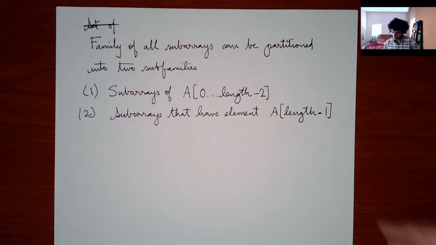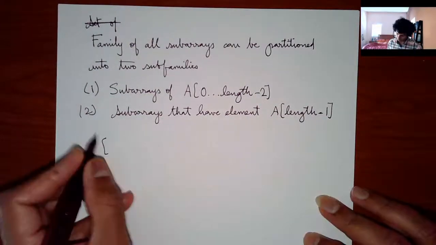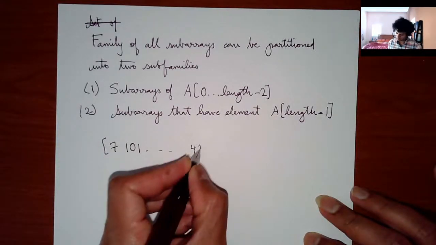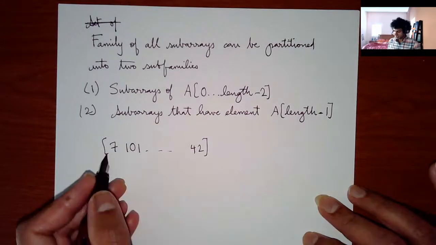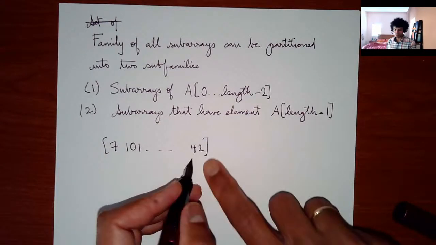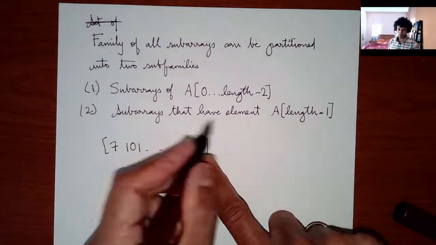Sure, I can explain this once more. Here's your subarray. Let's say there are lots of different elements, and it ends with 42. Now I'm going to break all subarrays into two groups: those that have 42 and those that don't. Those that have 42 are in the second part.